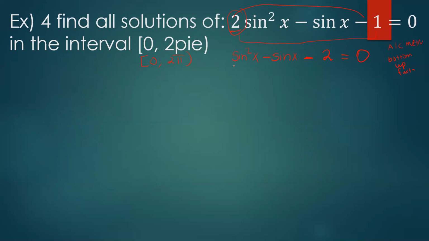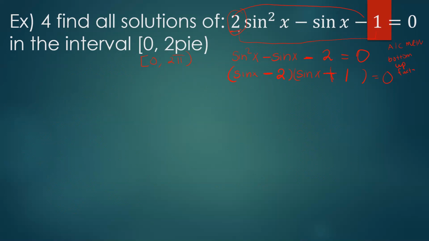Then from here, you can do just regular simple factoring. So this would be sine of x and sine of x, and then I need two numbers that multiply to give you negative 2 and add to give you negative 1. So I would use negative 2 and positive 1, right?